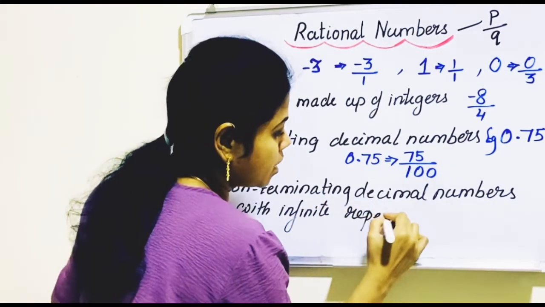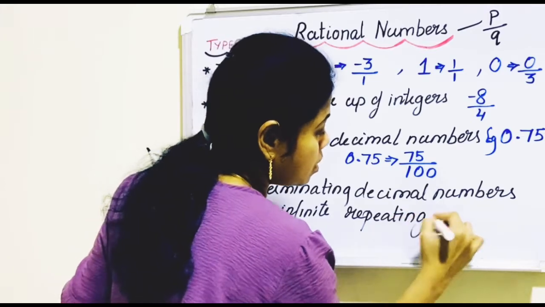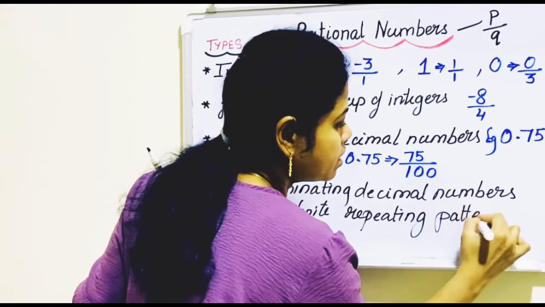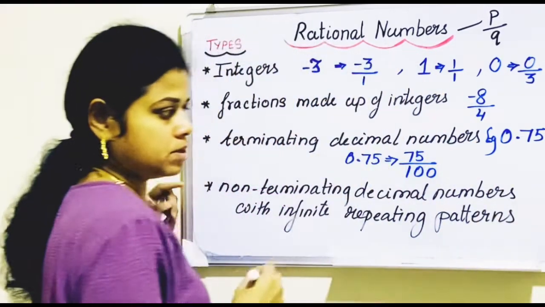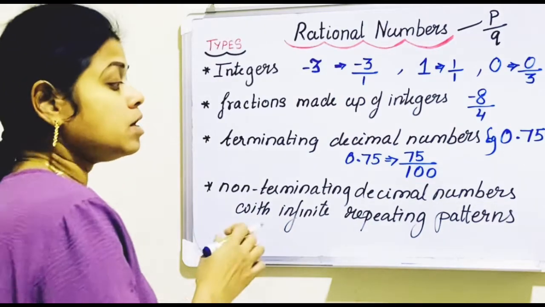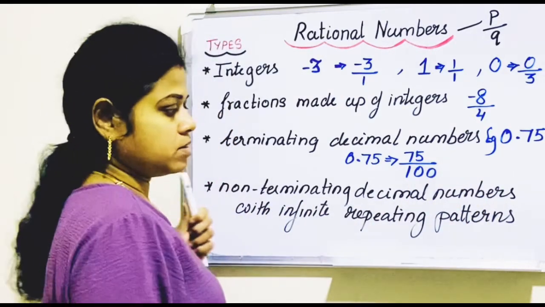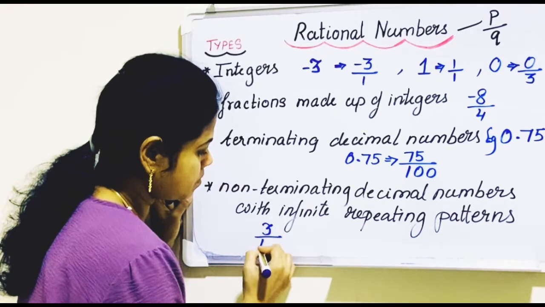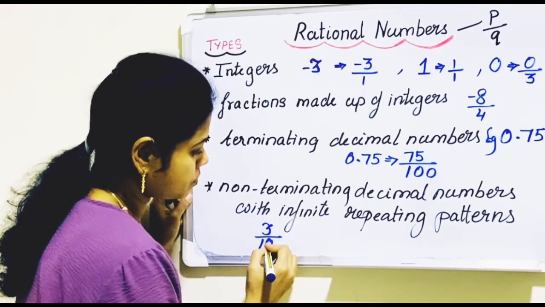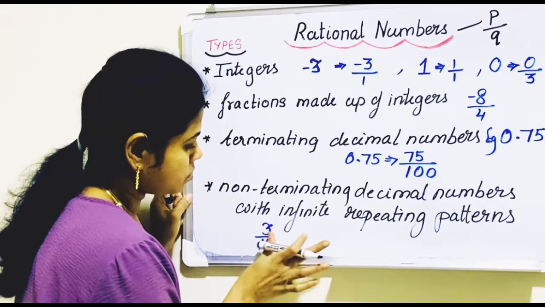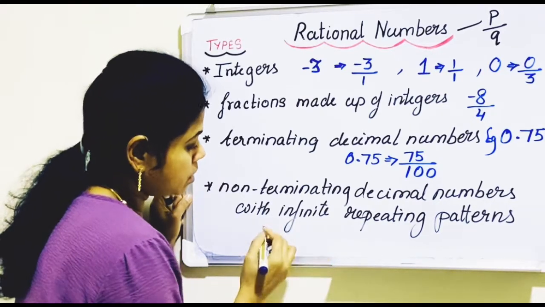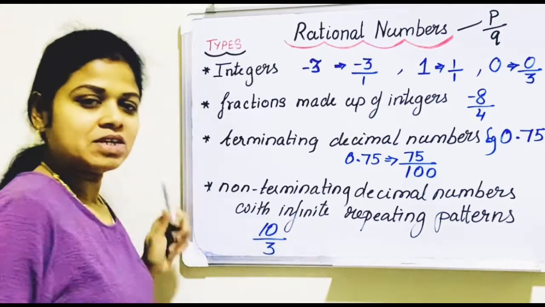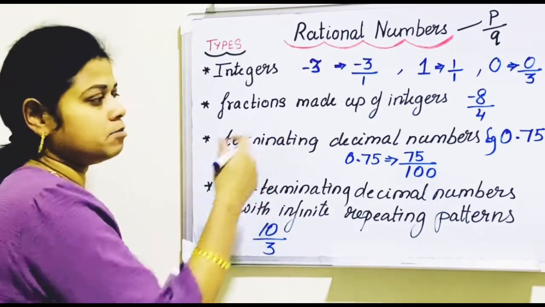If it is non-repeating, then it belongs to irrational numbers. A rational number should be with repeating patterns. Like what is 3 by 10? 10 by 3. 3 by 10 is a terminating decimal number.